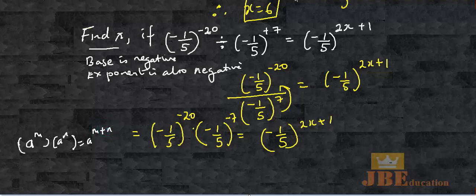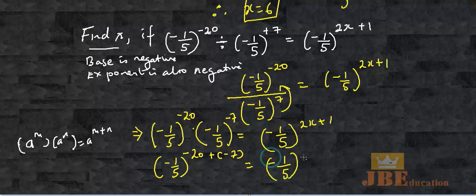So using that formula, I can rewrite this quantity as negative 1 over 5 raised to the power negative 20 positive negative 7 equals negative 1 over 5 raised to the power 2x positive 1.